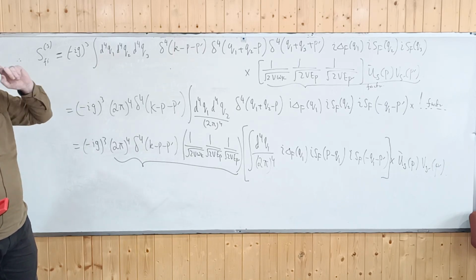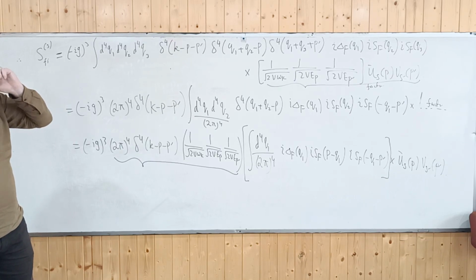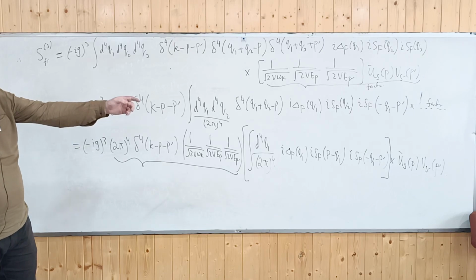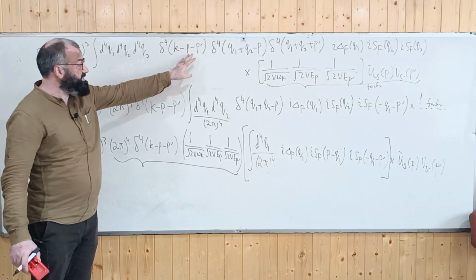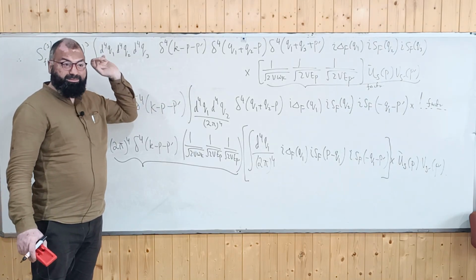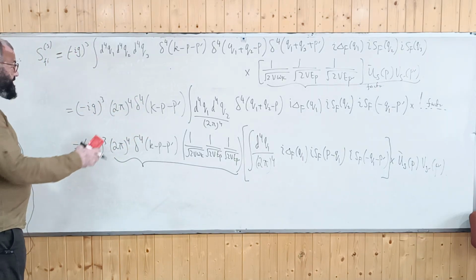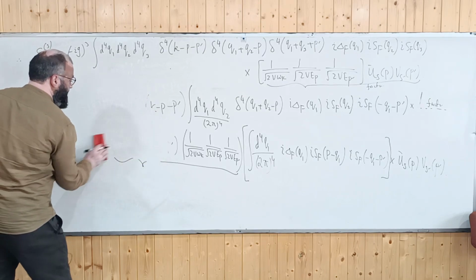Now look here. These three delta functions actually represent the conservation at each vertex. Forget about the delta function k minus p prime; we had actually three delta functions. What were those initial delta functions?